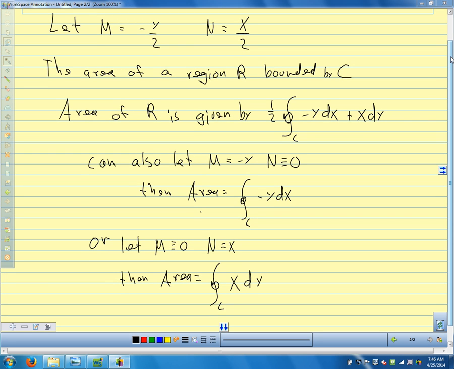Sometimes, depending on how your region is defined, it can be much easier to evaluate this line integral around a closed curve of this quantity, 1/2 of minus y dx plus x dy, or this quantity minus y dx, or this quantity x dy. It's much easier to evaluate that line integral than to evaluate the double integral to find the area.